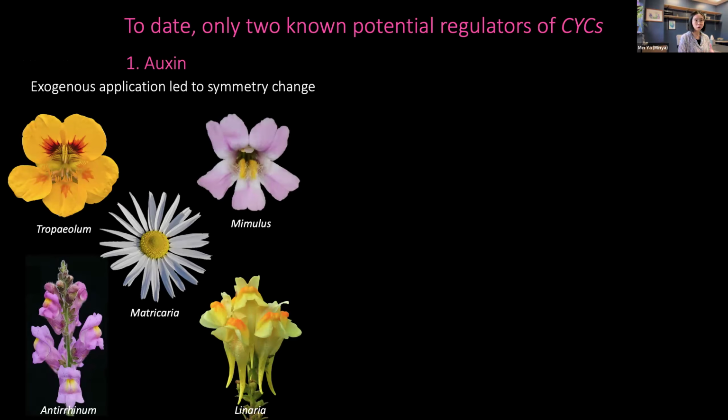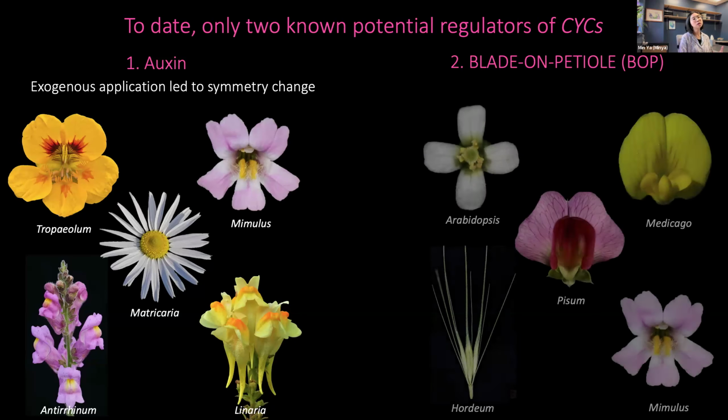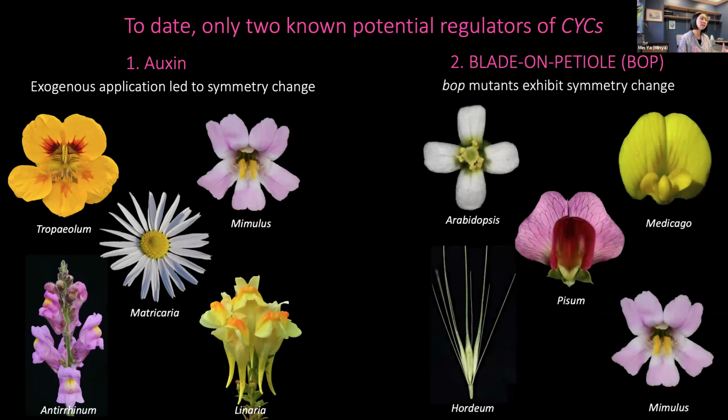And the other potential regulator is a gene called blade on petiole, BOP. BOP mutants have been observed and analyzed in a bunch of species as well, as I show you here. They all have a whole range of developmental defects, but among those defects, one of the common ones is changes in floral symmetry.